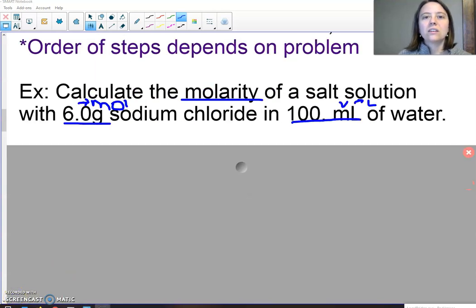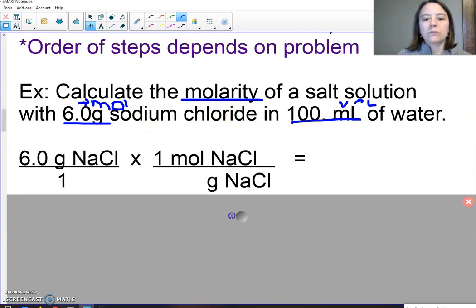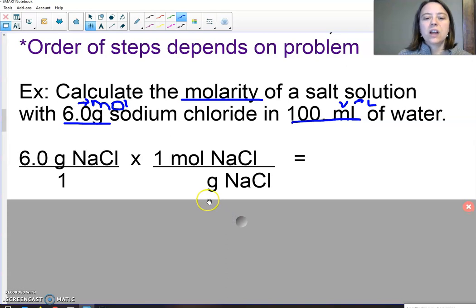So how does one convert between mass and moles? Well, first you would need the molar mass of sodium chloride, and then you would do a conversion problem. So figure out what is the molar mass of sodium chloride, and then you'll want to figure out what is the number of moles of sodium chloride.